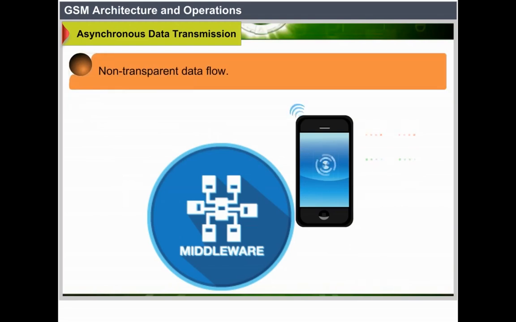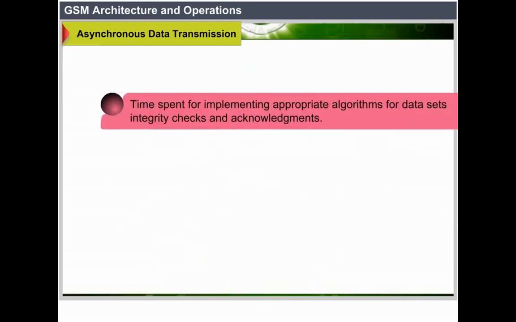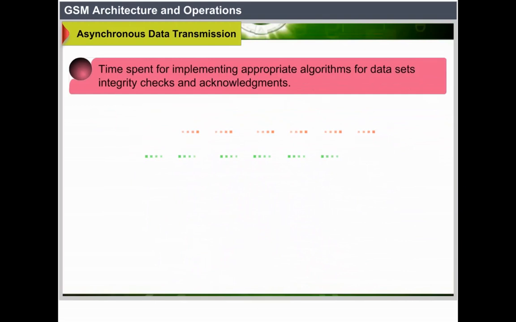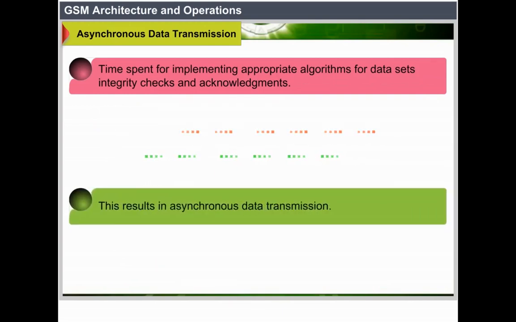Non-transparent data flow: an acknowledgement is sent by the receiver for each data set to the effect that the data set received is identical to the one transmitted. Time is therefore spent in implementing appropriate algorithms for data set integrity checks and acknowledgements. This results in asynchronous data transmission.